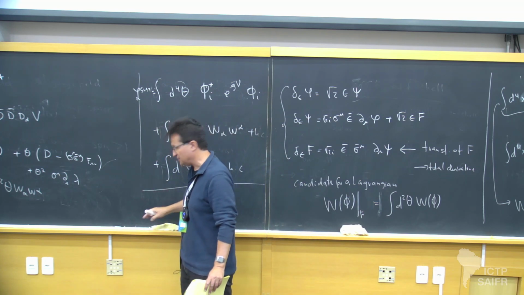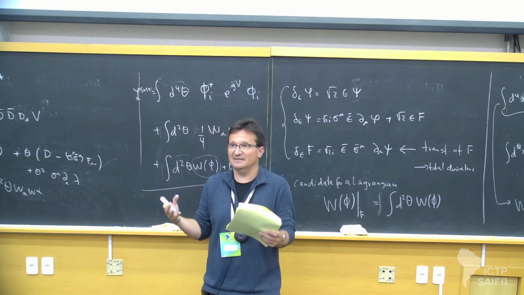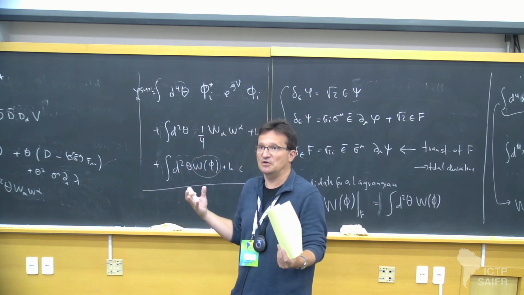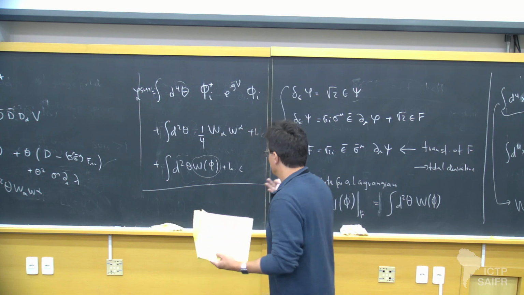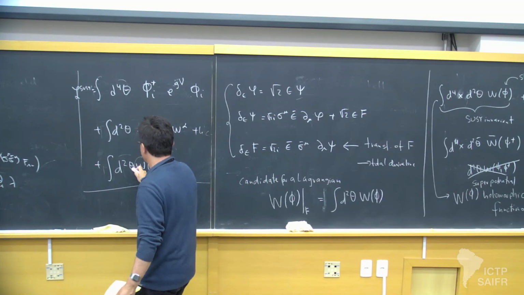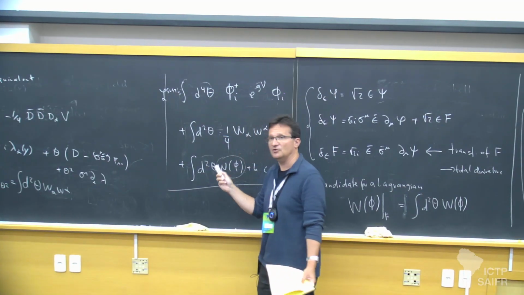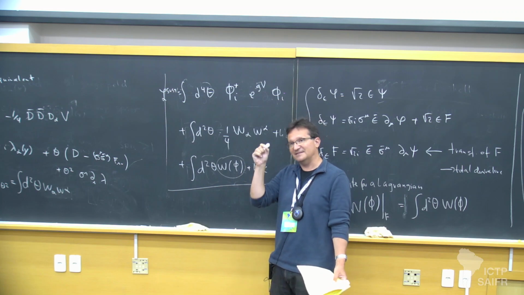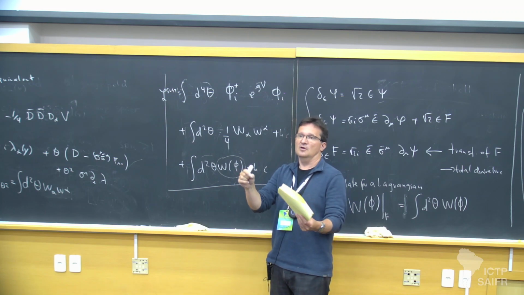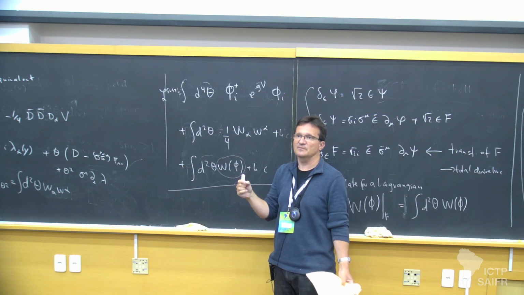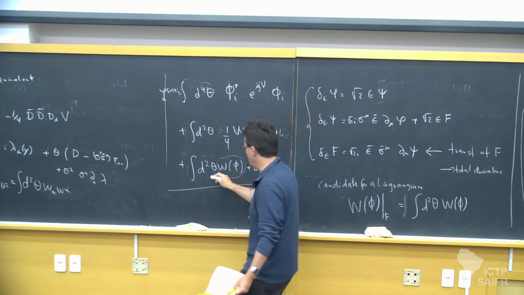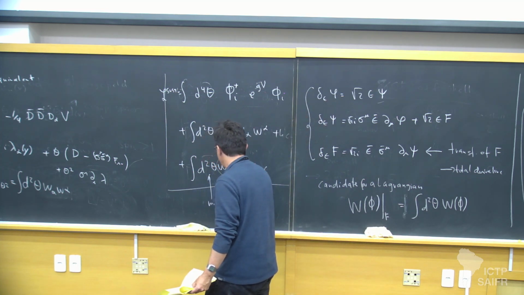But the question is how to write it in a way that the interactions maintain supersymmetry. The reason why picking out this highest order term is useful is because that's what will give you something that is invariant under supersymmetry. So this one makes it invariant under SUSY.